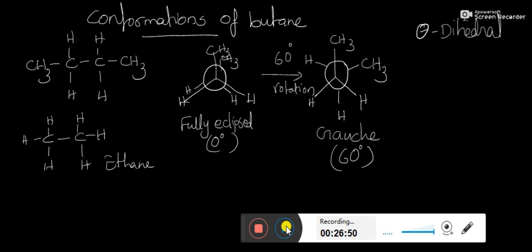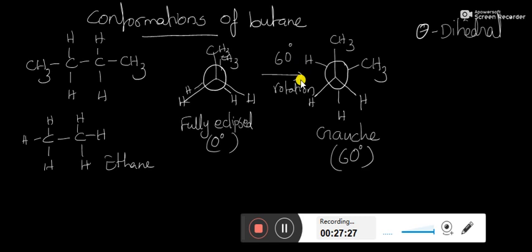When the dihedral angle is 60 degrees in a specific conformation, it is called Gauche conformation. In the Gauche relationship, two substituents on adjacent carbons are 60 degrees apart in the Newman projection. If the dihedral angle is 180 degrees, it is called anti-conformation.